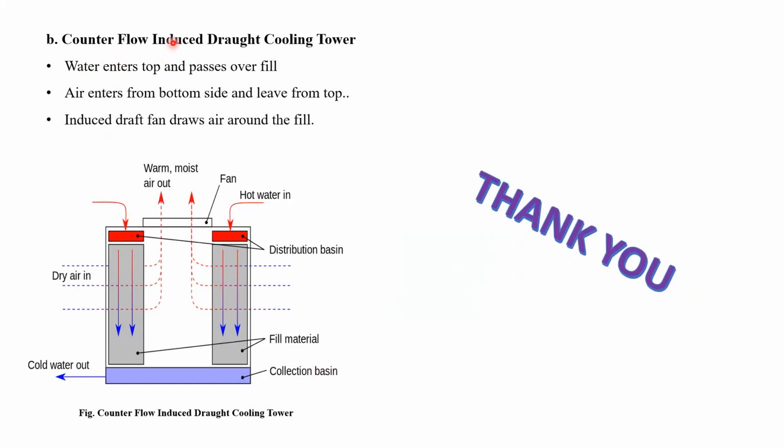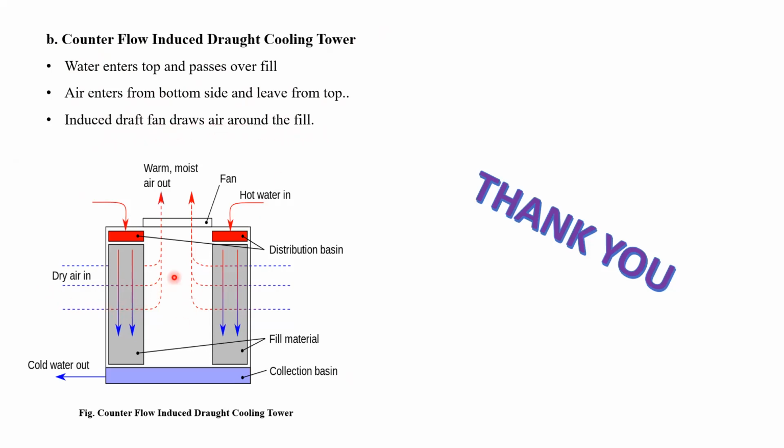induced draft cooling tower, which I explained, and we have worked on this type of cooling tower. Water enters at the top and passes over the fills. Air enters from the bottom side and leaves from the top. Induced draft draws air through the fill.